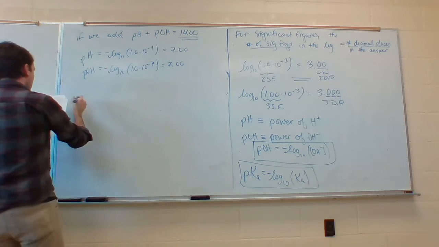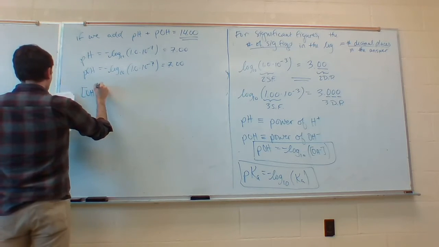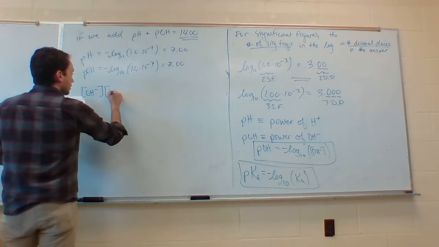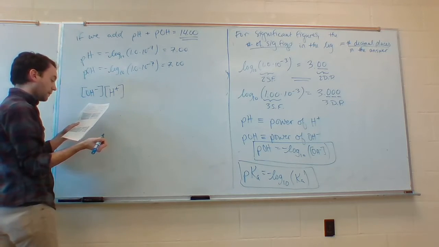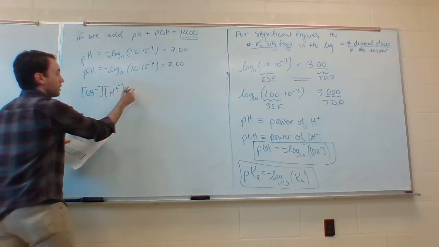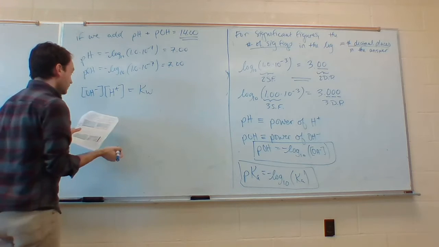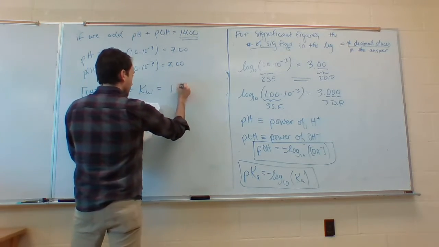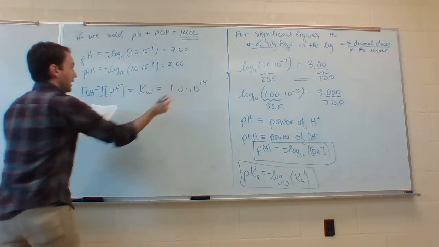Now, we also know that if we took our concentration of OH minus and multiplied that by our concentration of H plus, that was equal to our Kw. That means that this is equal to 1.0 times 10 to the negative 14th.